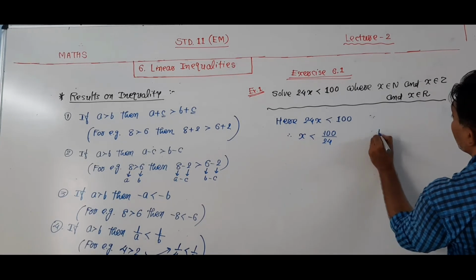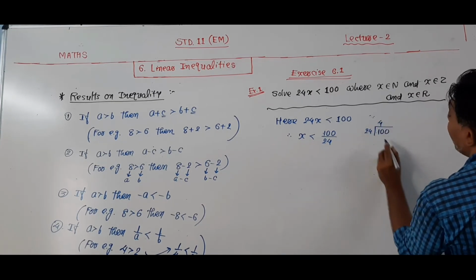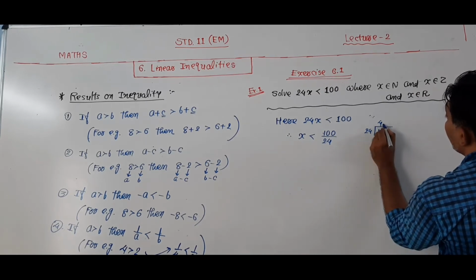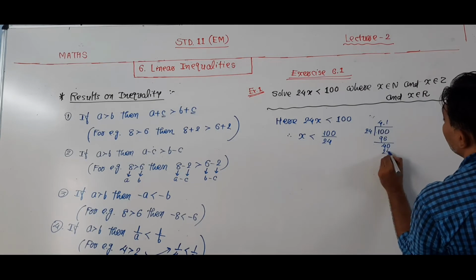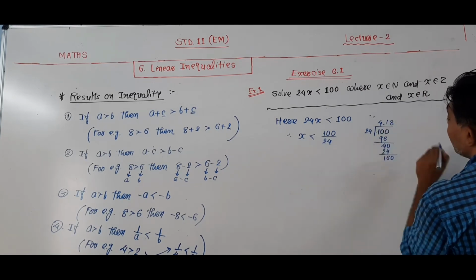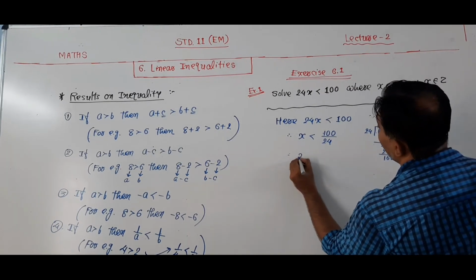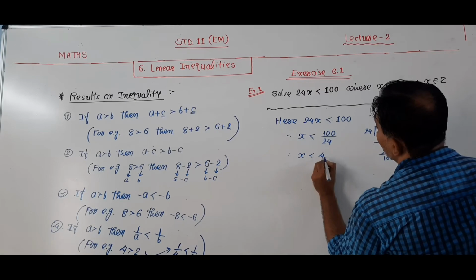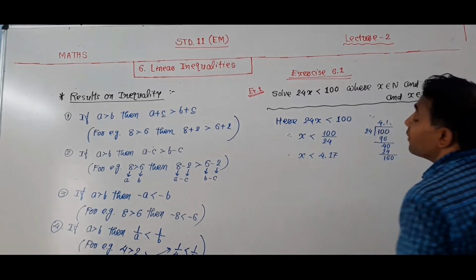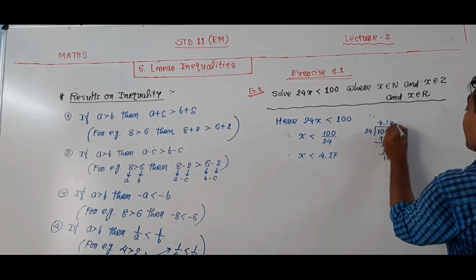I think you know that 24 4s are 96, so 4 is there and 4 remains. That means 4 and something is there, so approximately 4.17 like this. So x is less than 4.17 and so on, right?